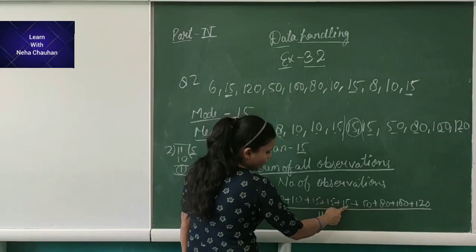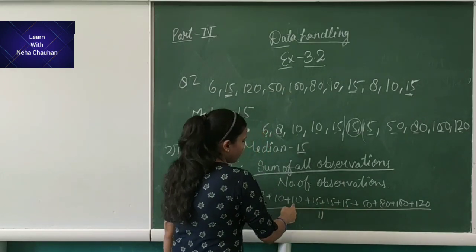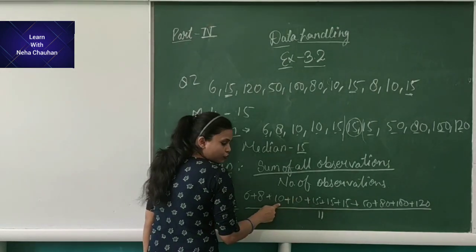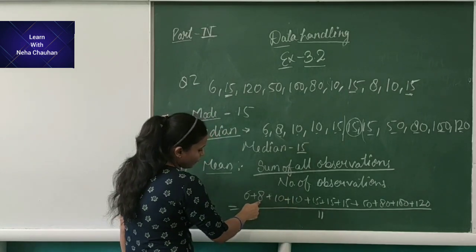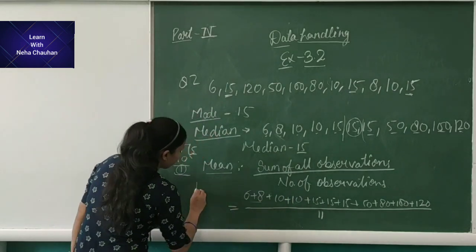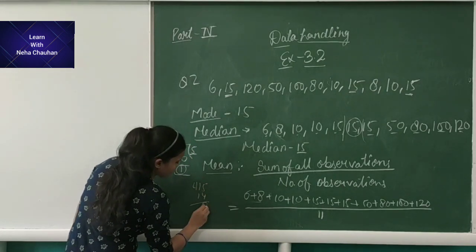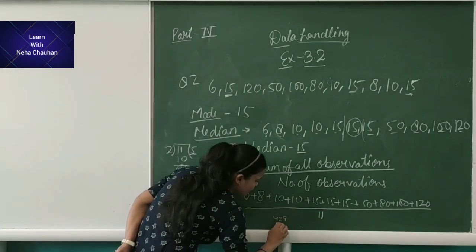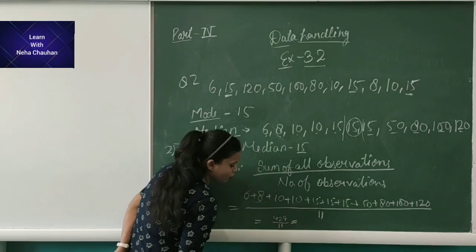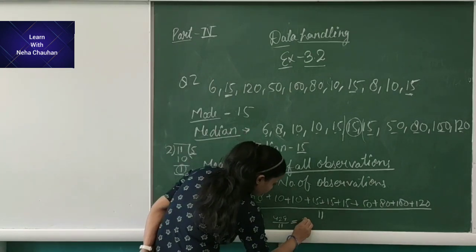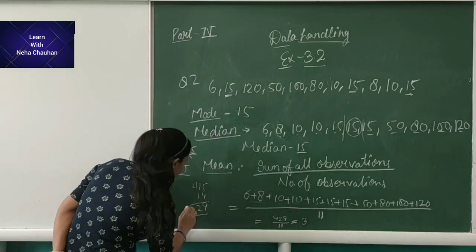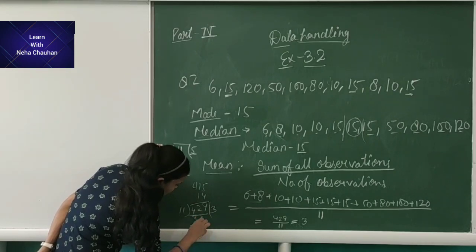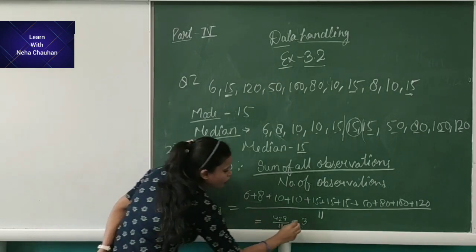Plus 50 is 350. 350 and 45 is 395. 395 plus 10 is 405. Then 415. 415 plus 14, we will get 429. 429 divided by 11, on dividing we get 39.